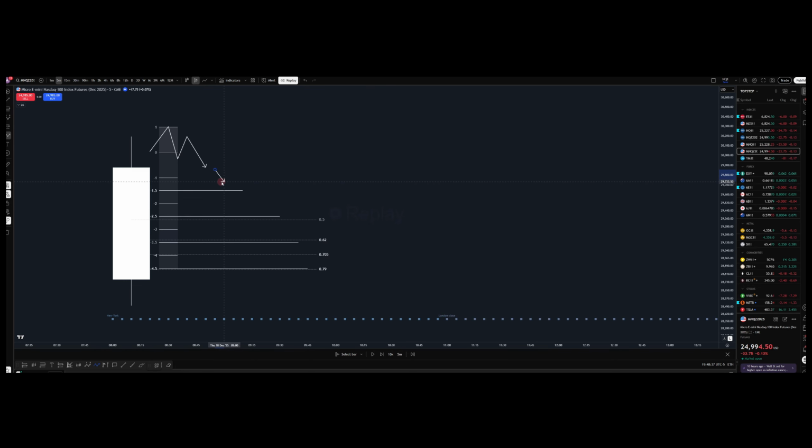So then we can have Asia coming back in. SD 1.5, 1, 2, 3, 4, 5. This becomes a London manipulation, and we come back down into a New York AM, and then we get our bullish reversal here.